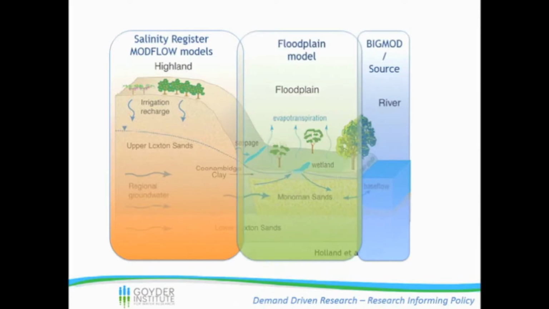And now we're trying to navigate this mysterious zone in between them of floodplain models. And there have been quite a few really quite successful floodplain models, but they've all tended to use somewhat different techniques and assumptions, and we're trying to unravel which of those is best under what circumstances.